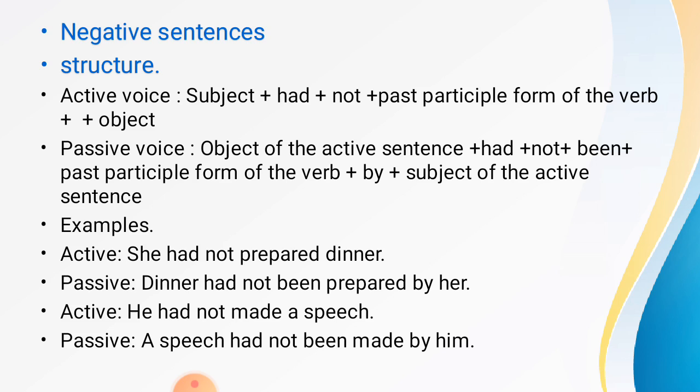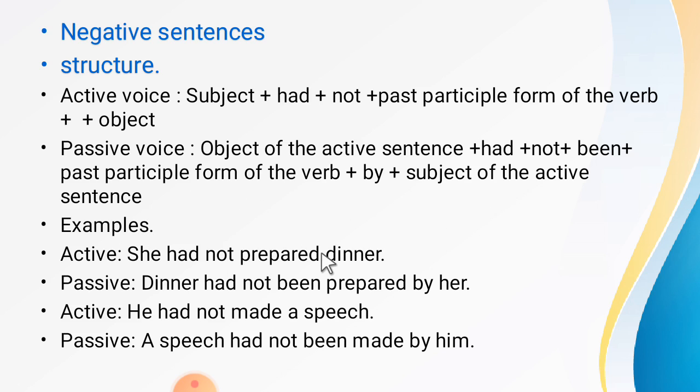Now we have negative sentences. How do we change negative sentences of active voice into passive voice? First of all, we have the structure: subject, had not, past participle form of the verb plus object. In passive voice, the object of the active sentence becomes the subject, then had not been, then the past participle form of the verb, then by, then the subject of the active sentence.